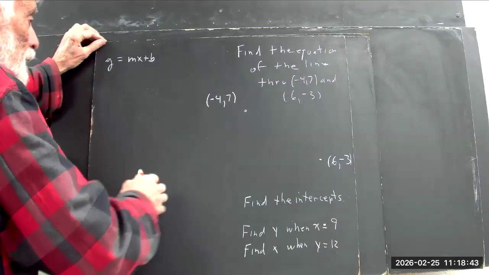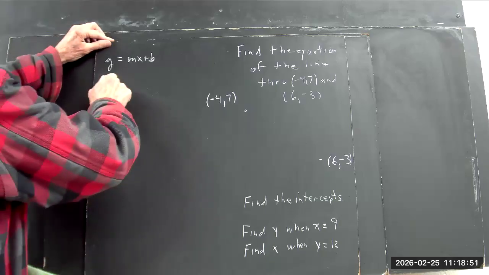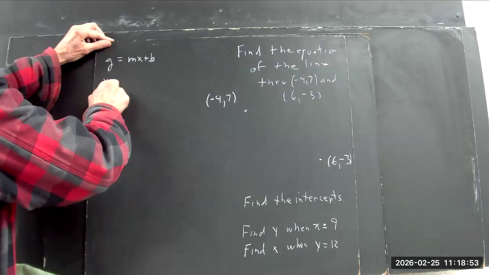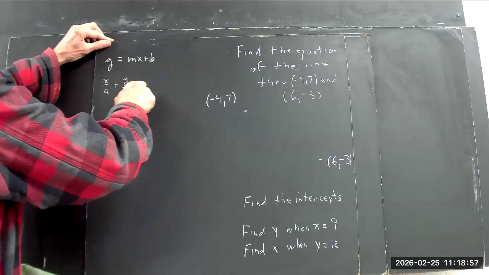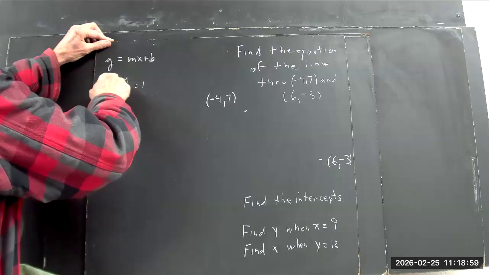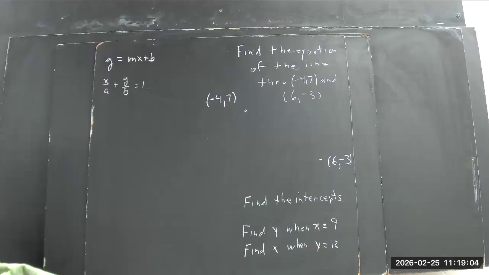That's one form, and it's a form we're probably going to use because for this situation it's the simplest. And then you've also got x over a plus y over b equals 1, called the intercept form. You did an assignment on intercepts.